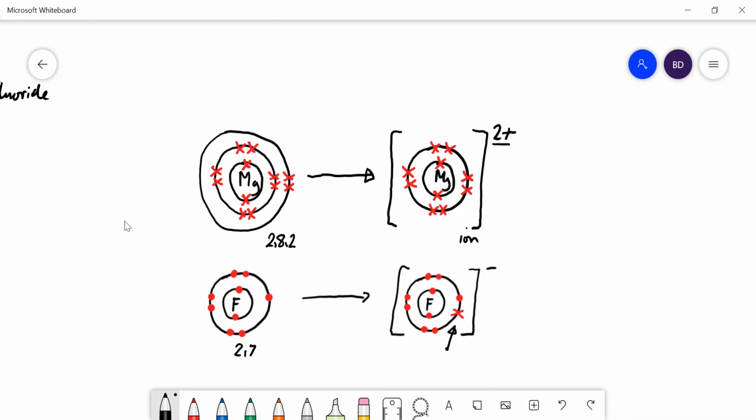So there's a problem there. You need 2 times as many fluorines for every magnesium. So the formula of magnesium fluoride is going to be Mg1, which is the one you don't write down, MgF2. That's because the magnesium wants to lose 2 electrons, and the fluorine only wants to gain 1.